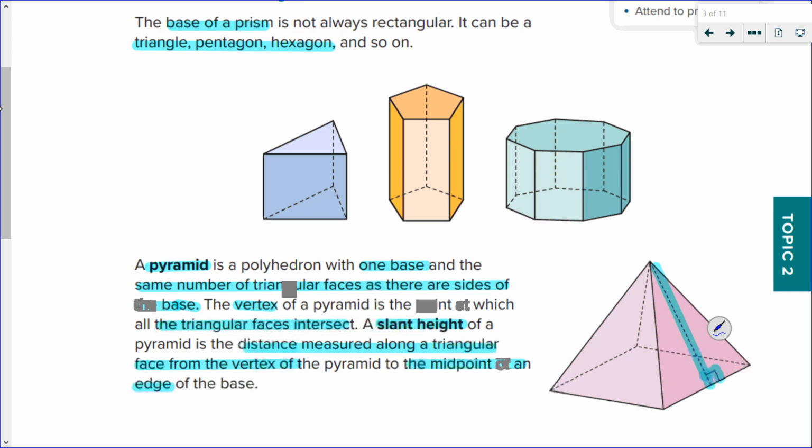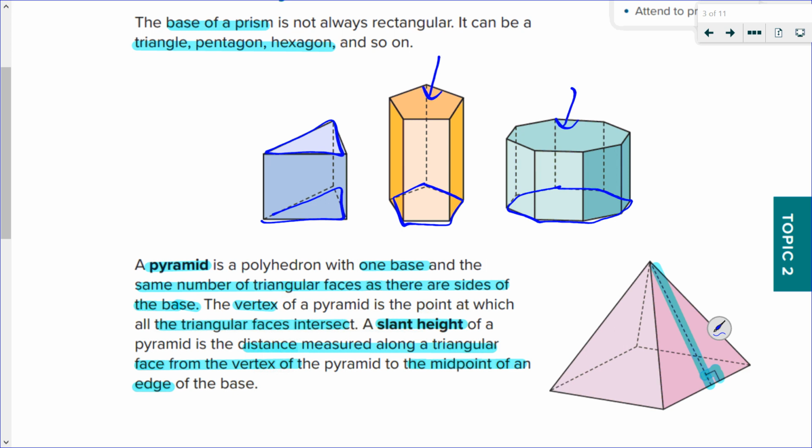Guys, the biggest thing I want you to understand, in a prism, which all 3 of these are prisms, your base shape always has a copy of it at the other end, and there are rectangles in between them. So it doesn't matter if it's a triangle, a pentagon, a hexagon, those are all prisms because the opposite side is the same shape.